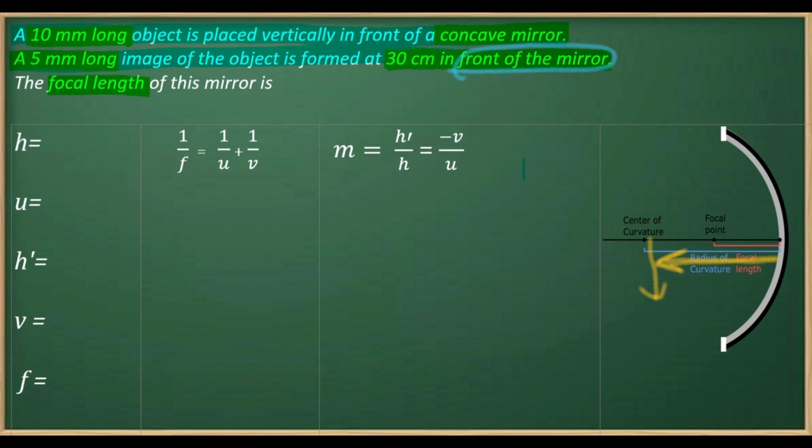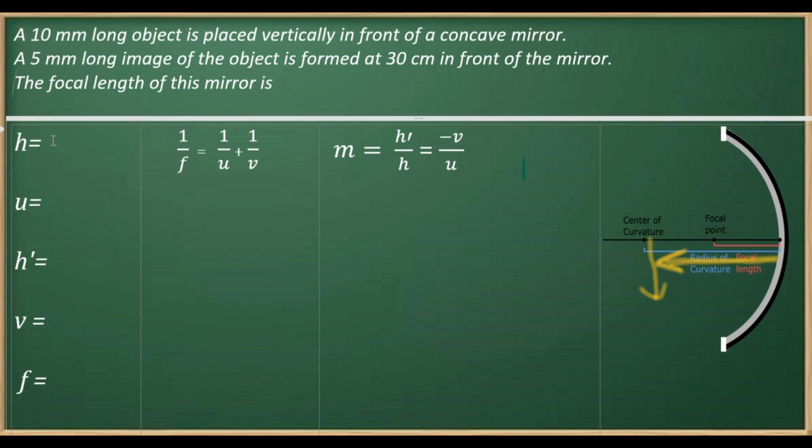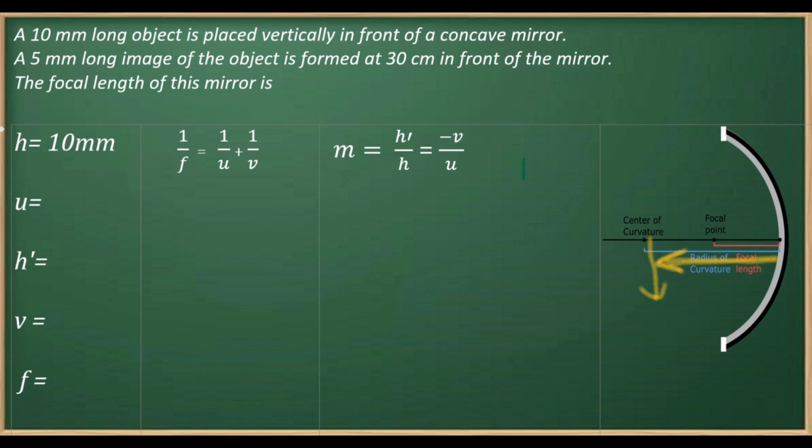So let's write down the information that we have, symbolically. The first information is the length of the object, which is the same as the size of the object, and we'll use the symbol h to indicate it. So h is 10 mm. We also know the size of the image, which is h dash.